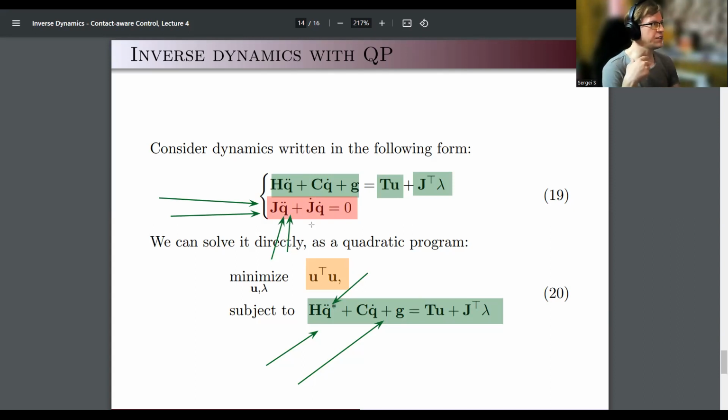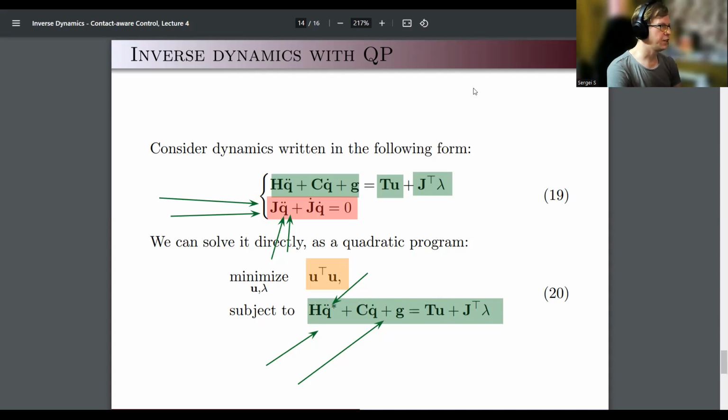So as long as your acceleration is actually correct, it is no problem that you lost this information. It will be a problem if you propose incorrect acceleration here. Then it will be a problem. But if you're not, then everything is fine. Then the question is, so given this acceleration and given everything else, find such u that this holds.